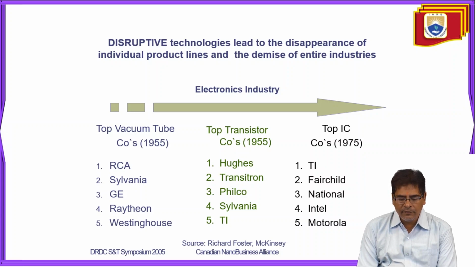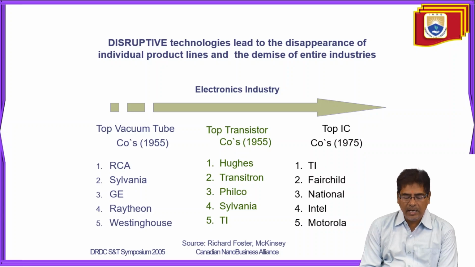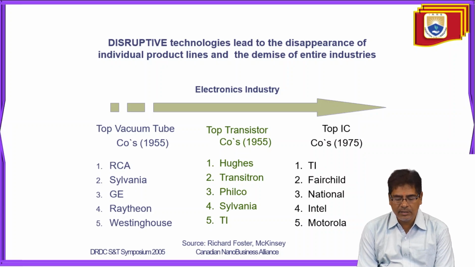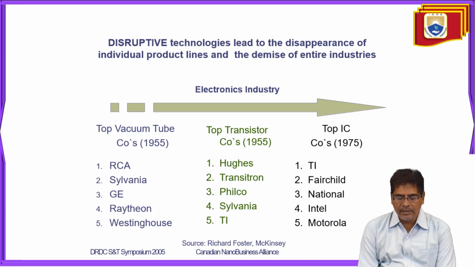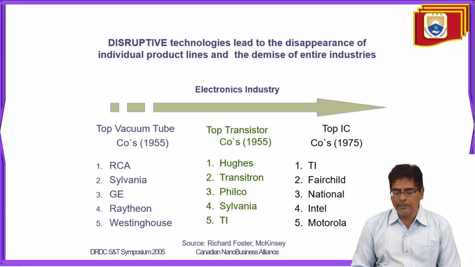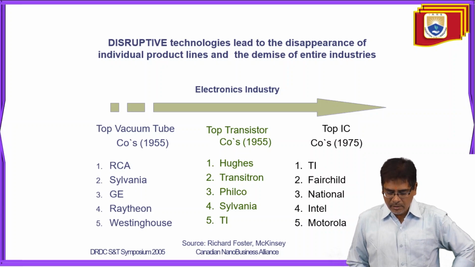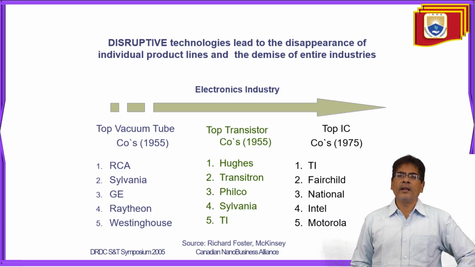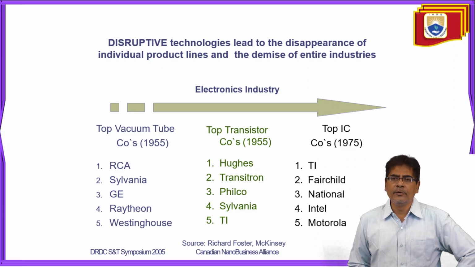The top vacuum tube companies were RCA, Sylvania, GE, Raytheon and Westinghouse, and top transistor companies were Hughes, Transitron, Philco, Sylvania, TI. Top IC companies in 1975 were TI, Fairchild, National, then later came Intel, and now Motorola.